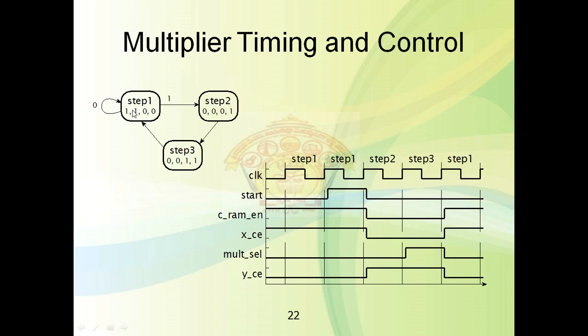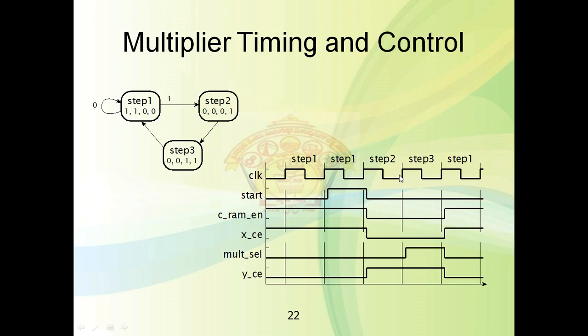Okay, if start input is equal to 0, then we have to wait. If start input is equal to 1, then we have to produce this output, and then we have to go to the next step 2. Okay, so in step 1 the output is 1 1 0 0, that is respectively CRAM enable, X chip enable, mult select and Y chip enable.